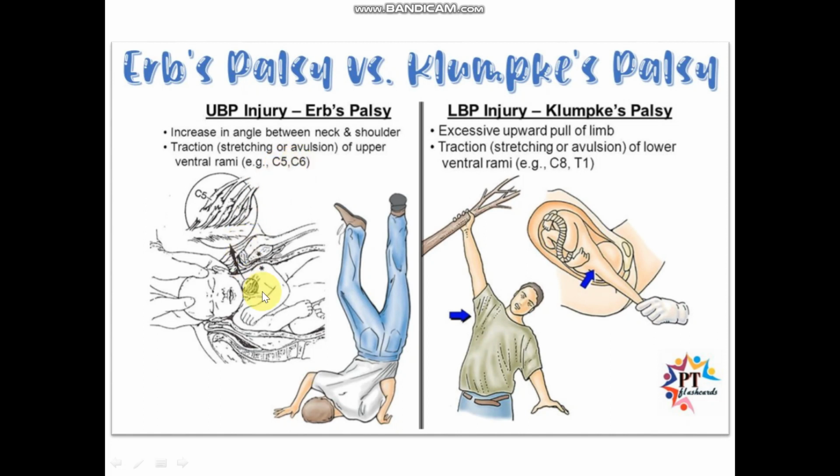So it is sometimes called the upper brachial plexus injury. However, in Klumpke's palsy, which is sometimes called lower brachial plexus injury, there is excessive upward pulling of the limb, leading to stretching or avulsion of the lower ventral rami, which are C8 and T1.